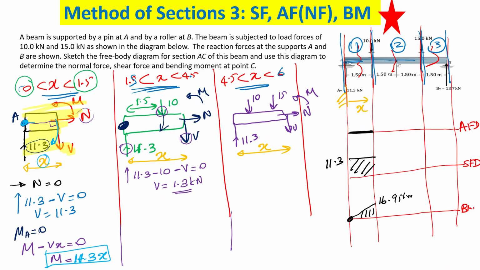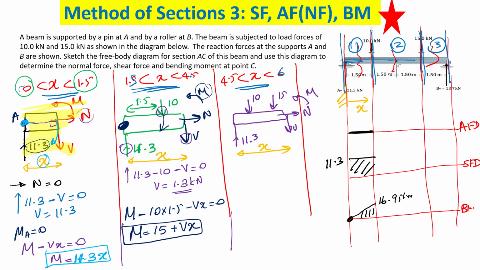Do you see that? M is there. M is counterclockwise, isn't it? So positive, minus 10 times 1.3, plus or minus Vx is equal to 0. So M is equal to what? 15 plus Vx. Did you get this?